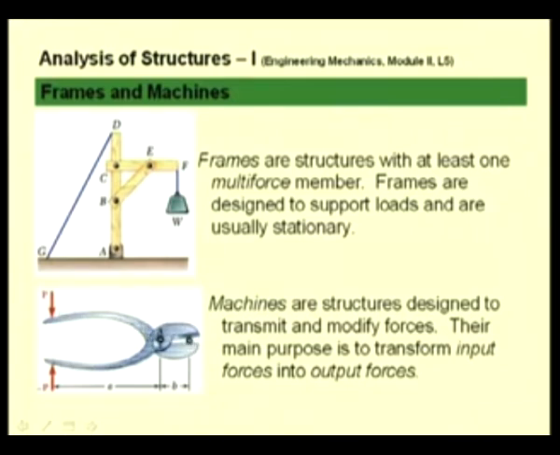This plier helps in magnifying this force P which is applied by the human, so that enough force is generated to hold the wire, or it could be to cut the wire, etc. So, the primary purpose of such interconnected bodies, which we call machines, is to modify the input forces to desirable output forces, both in terms of magnitude as well as direction in some cases.